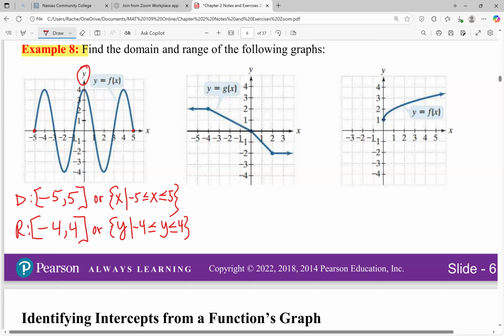So let's look at the next example. In this graph, we see that there's an arrow indicating this graph continues on to the left, and then there's an arrow indicating the graph goes on to the right. So if we look in the horizontal direction, this graph is going to continue going to the right, and it's also going to continue going to the left, right?